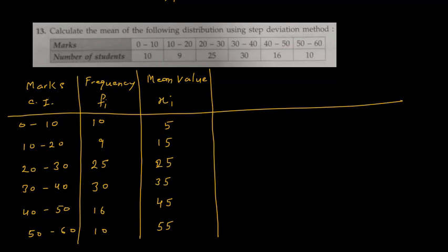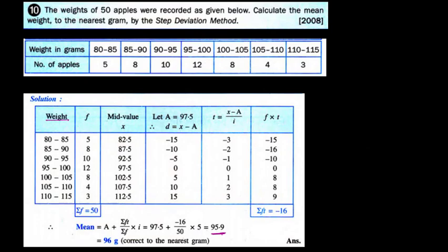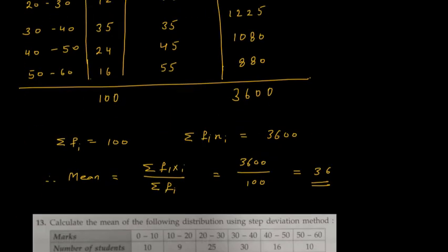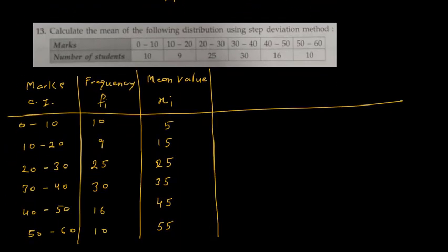Then in the next column we use the variables di and ti. Before that, we take one assumed value. So 1, 2, 3, 4, 5, 6 data is there. So the third or fourth data we will take as the assumed mean. Let us take 25 as the value of a.